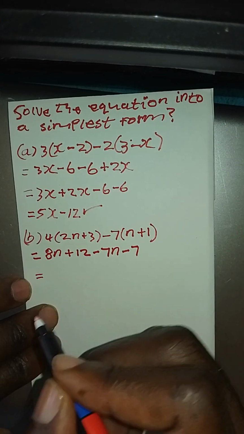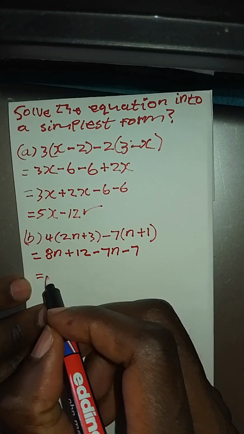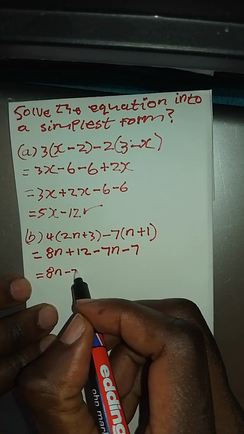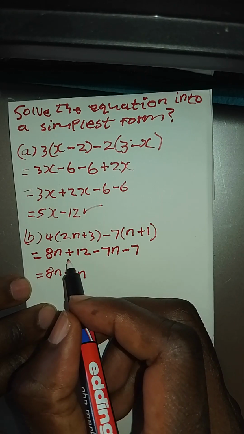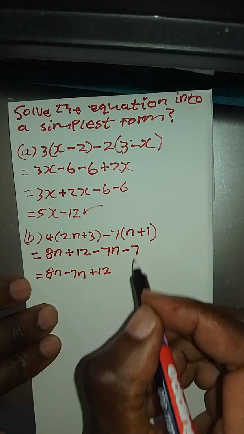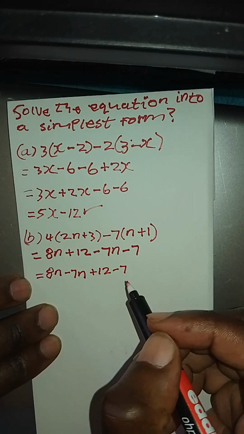Second step, simplest form, collect the like terms. We have got 8n, we've got minus 7n, and we've got 12, we have got minus 7.